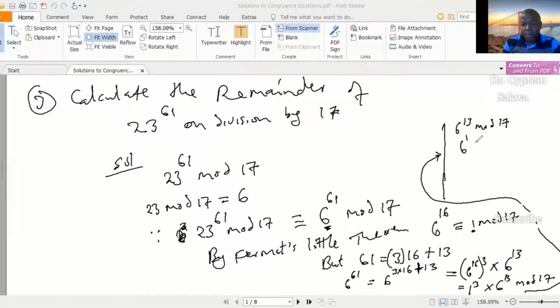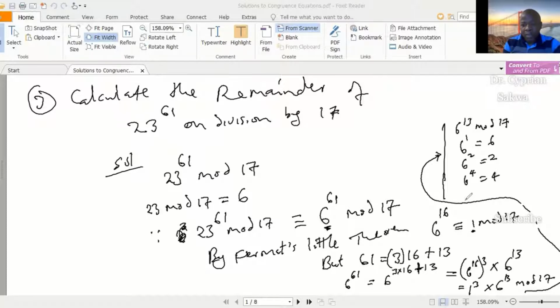So 6 raised to 1 is just 6. 6 raised to 2 is 36. 36 divided by 17, the remainder is 2. Then 6 raised to 4, which is the square of this, is 2 squared, which is 4.